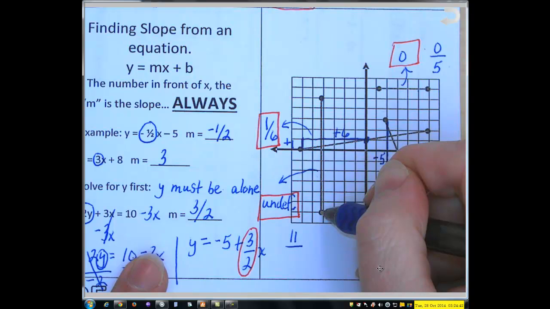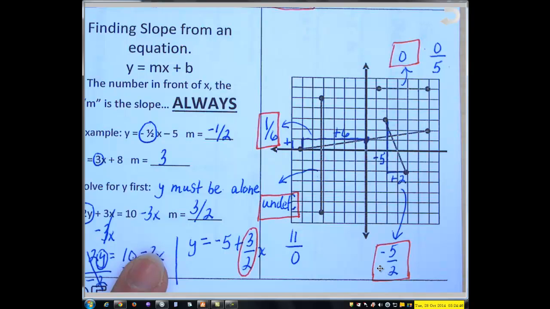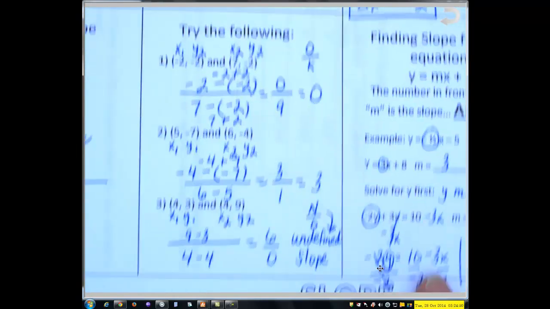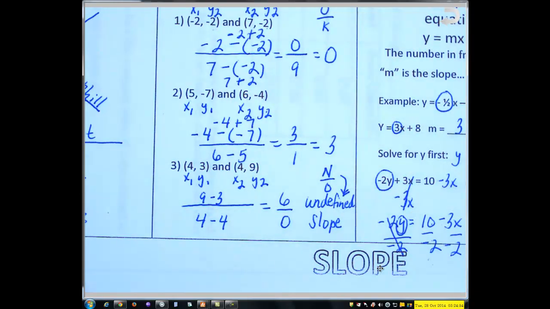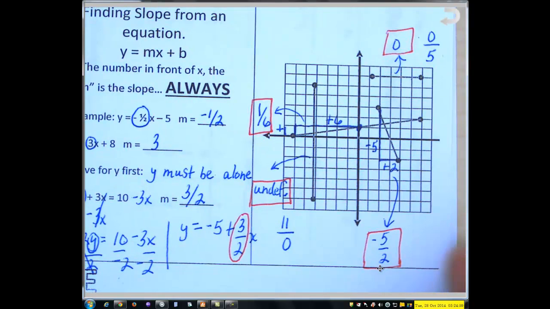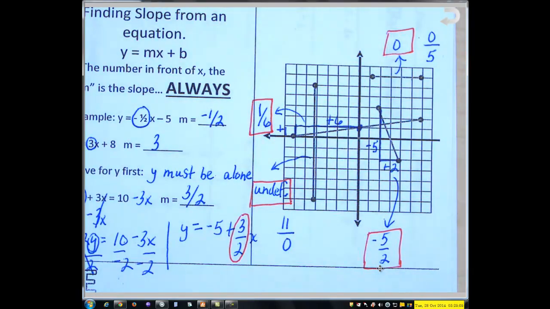Well, we don't have to go either left or right, so our run is 0. And remember before we said that 0 on the bottom is no way, it's undefined. So by counting, we do find that this vertical line has an undefined slope.